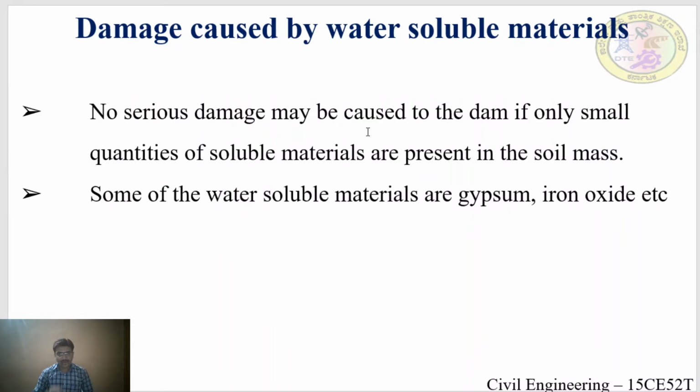No serious damage may be caused to the dam if only small quantities of water soluble materials are present in the soil mass of the earth dam. Some of the water soluble materials which cause damage to the earthen dams are gypsum and iron oxide.